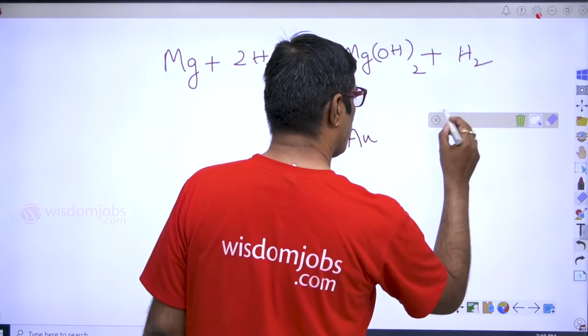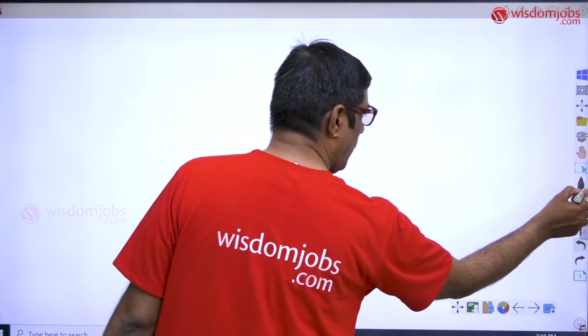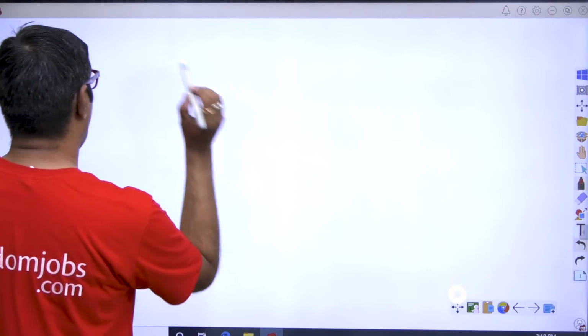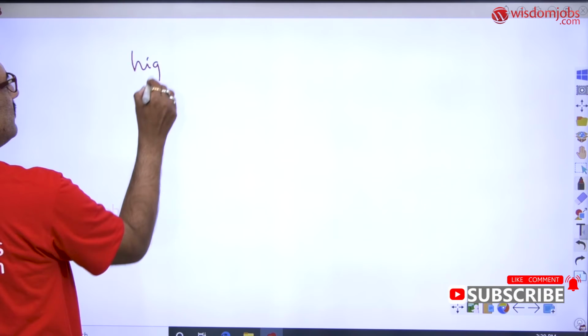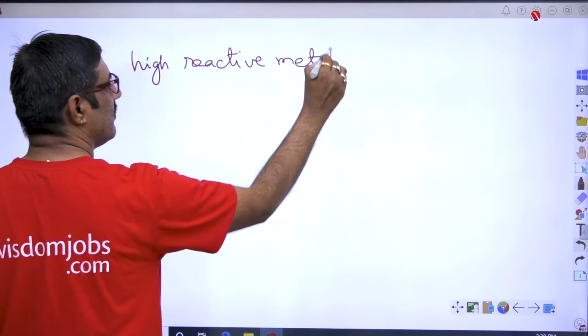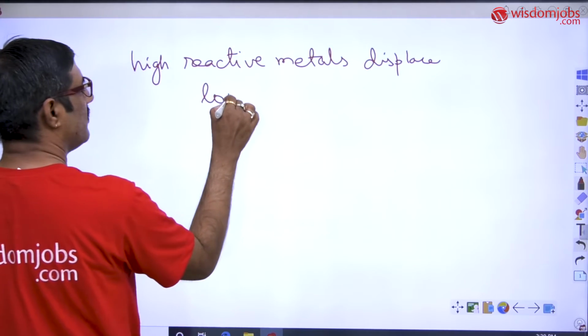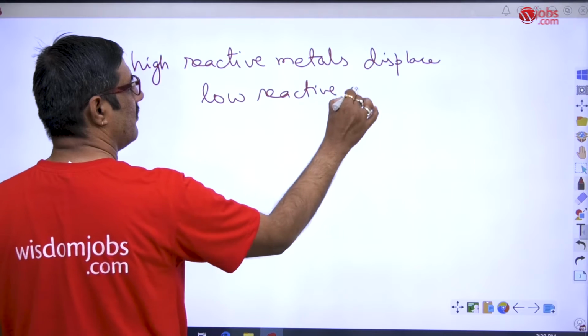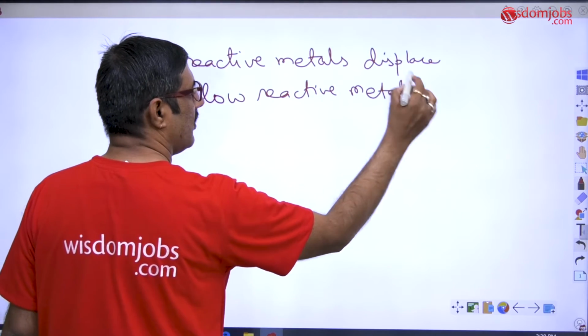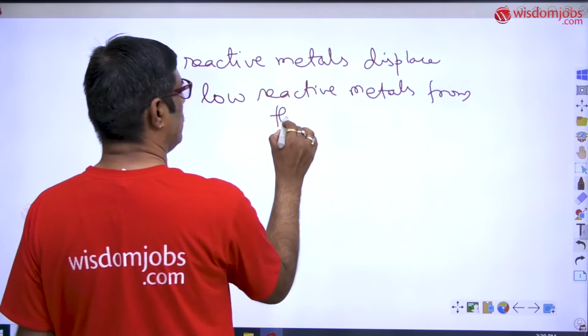Next, let us talk about metal displacements. Highly reactive metals displace low reactive metals from their compounds.